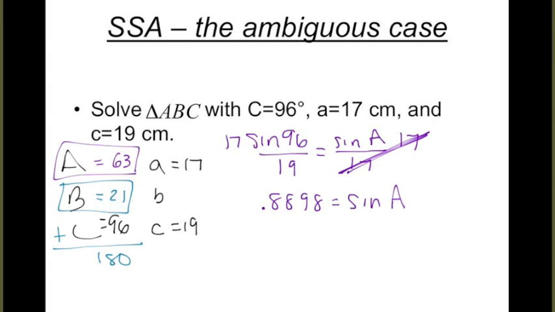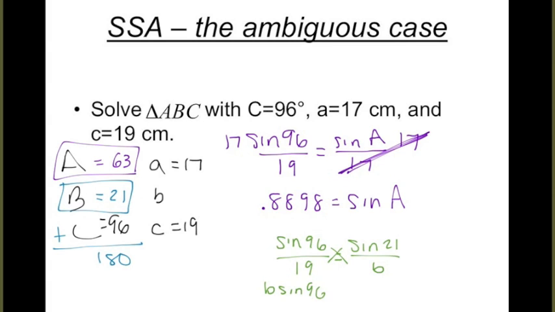And then to solve for our last piece of information, we need one more law of sines. I'm going to go back to the letter C pair and then do the letter B pair. When solving for a side, cross multiply.